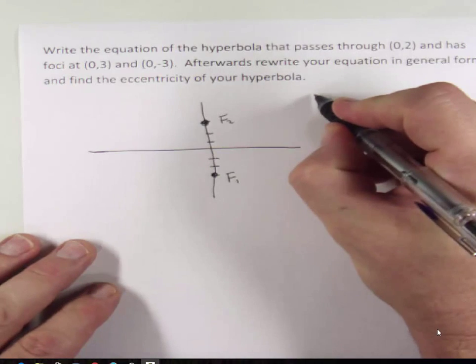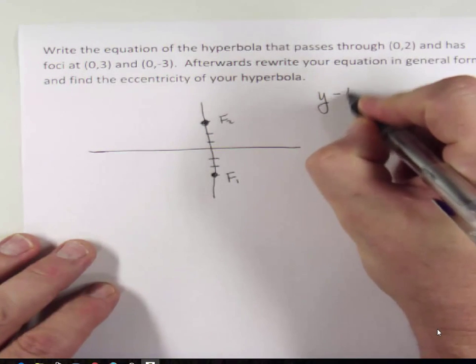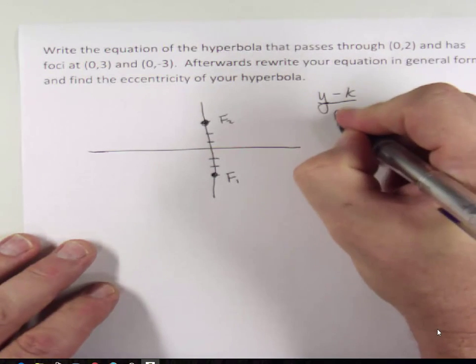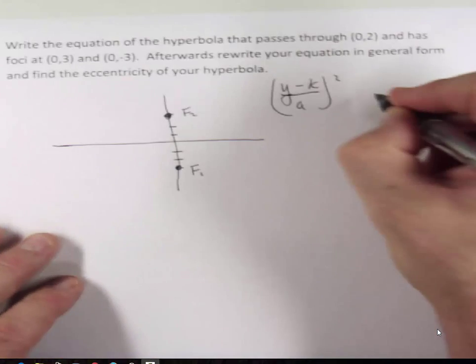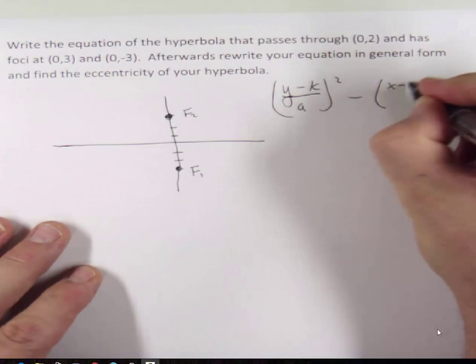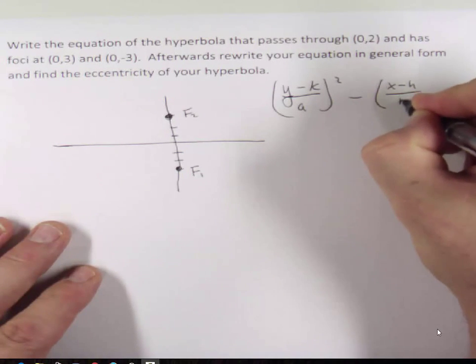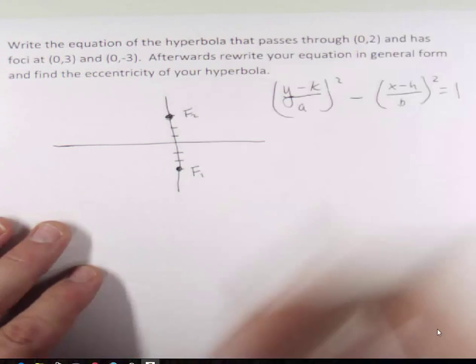So you now know that this is a vertically opening hyperbola. So you have (y minus k over a) quantity squared minus (x minus h over b) quantity squared is 1.